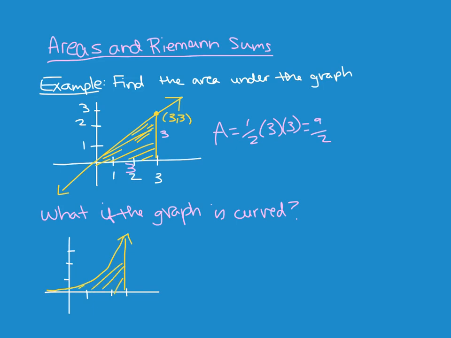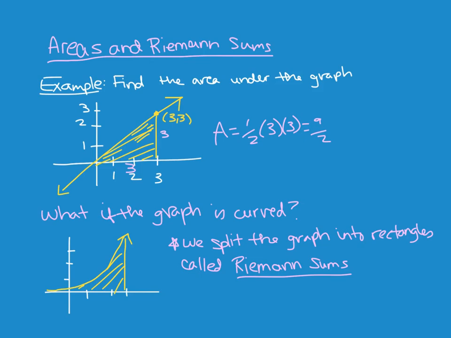This one, however, it's really hard to find the area under that graph using geometry. So instead, what we can do is split this area into rectangles and add up all the areas of those little rectangles. Those rectangles are what we call Riemann sums.